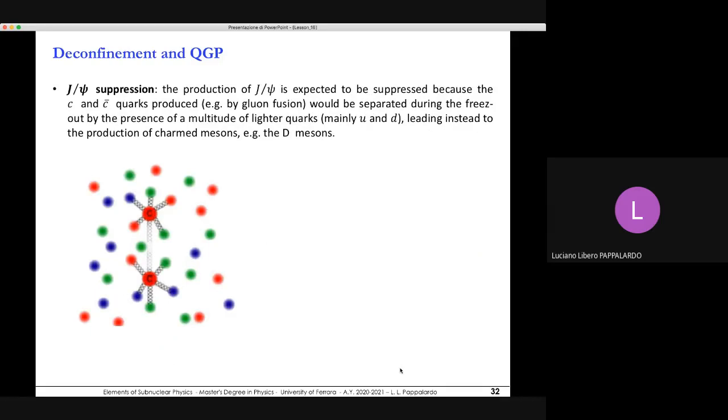Another signature is the J/psi suppression in case of quark-gluon plasma formation. The production of J/psi is expected to be suppressed because the anti-charm quarks, which are again produced by gluon fusion, just as for the strange before, will be separated during the freeze-out by the presence of a multitude of lighter quarks, mainly up and down quarks.